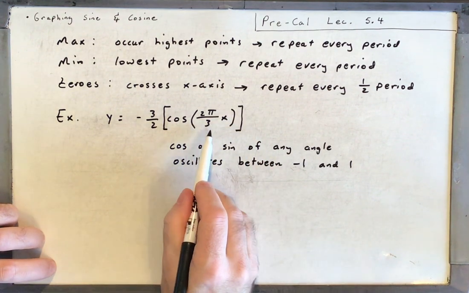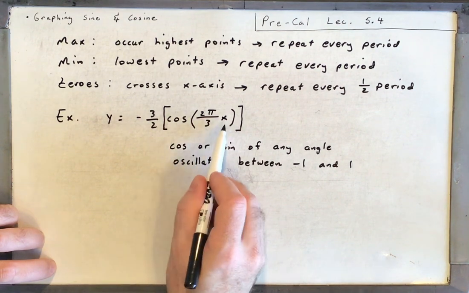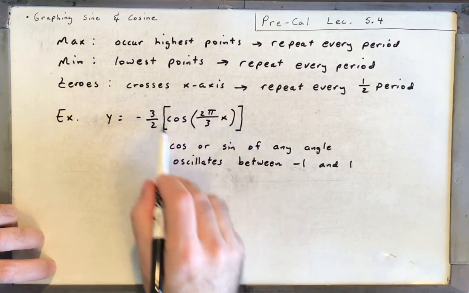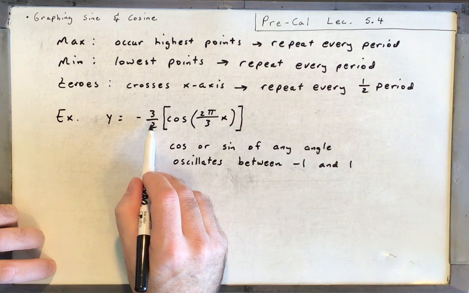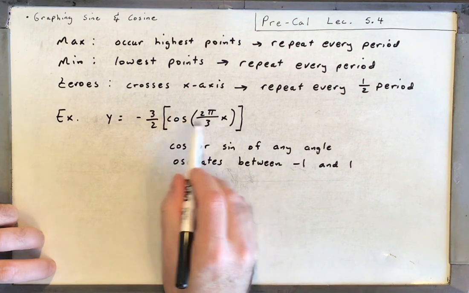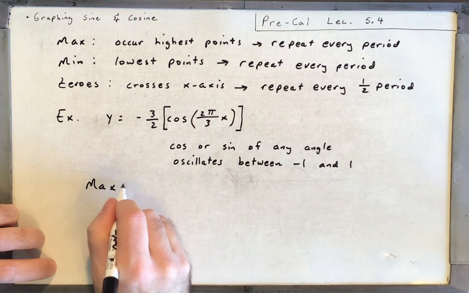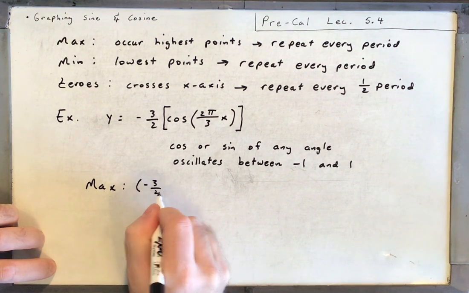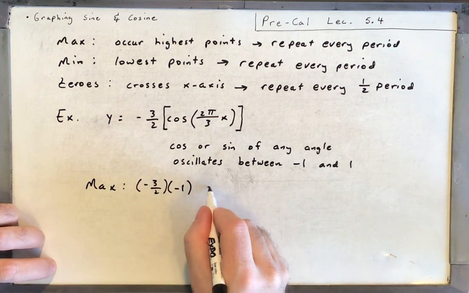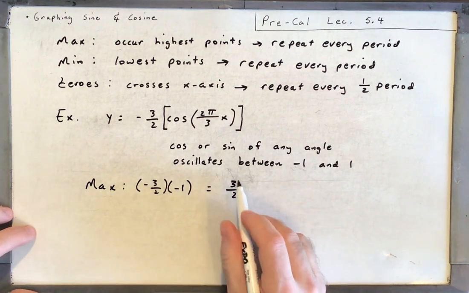You're going to plug in two numbers for cosine of 2 pi over 3 times x. Look at 1. If all of that is equal to 1, then it's times -3/2, that'd be -3/2. If the cosine of whatever that angle is -1, then a max occurs at -3/2 times -1, and that's 3/2. So that's the y value.